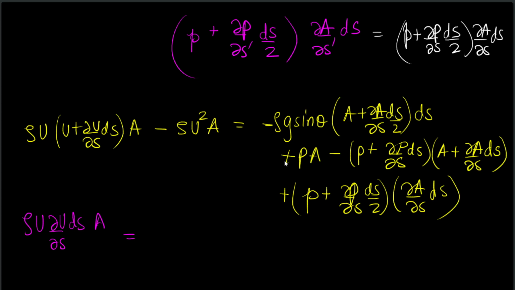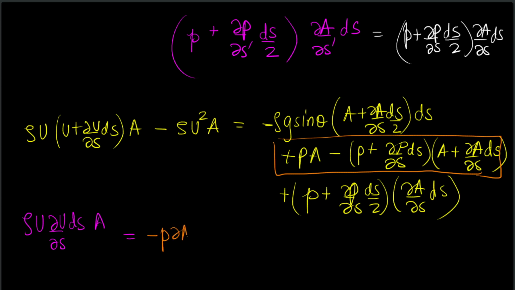So I'm writing down these terms: minus p ∂A/∂s ds, minus ∂p/∂s ds times A, minus ∂p/∂s ∂A/∂s ds².